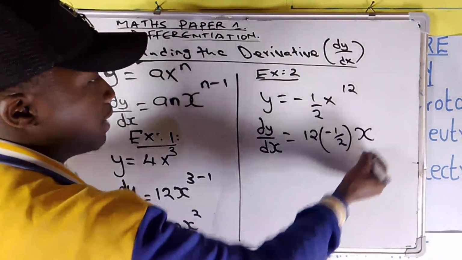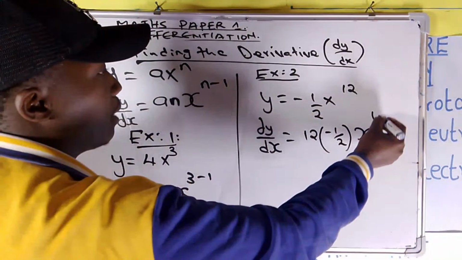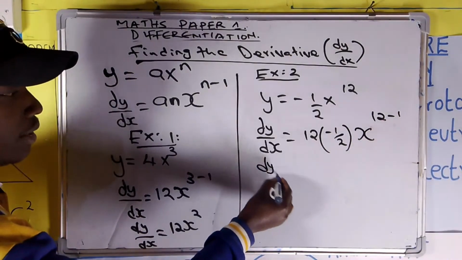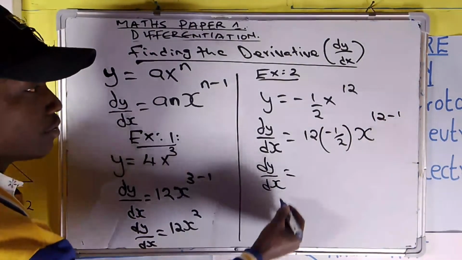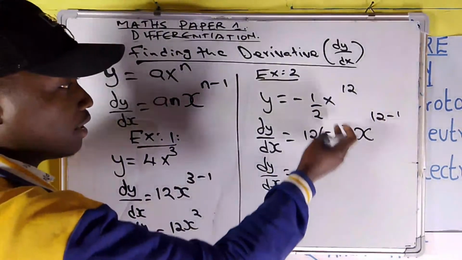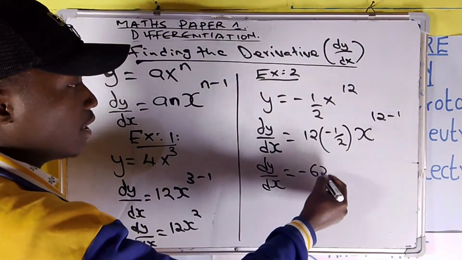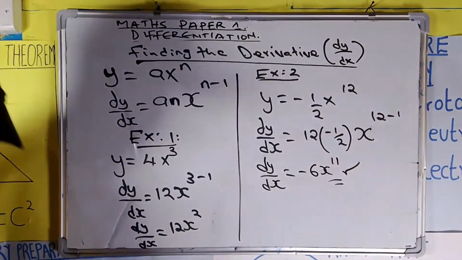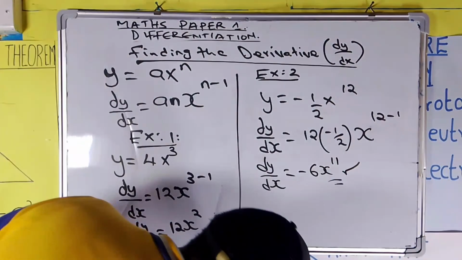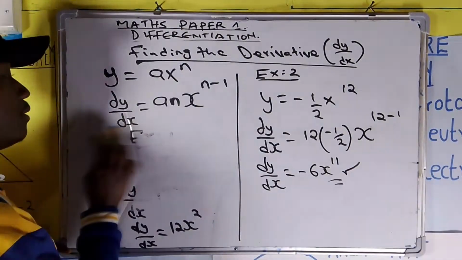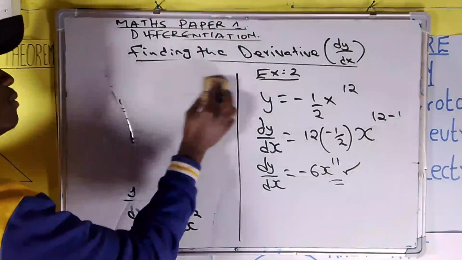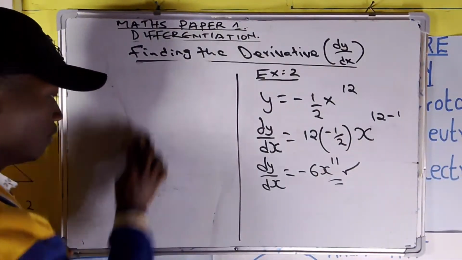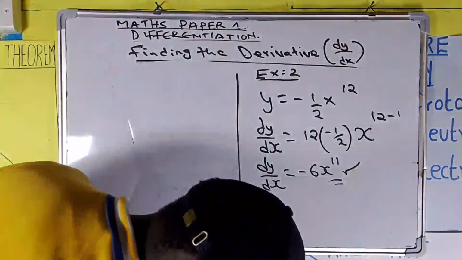Our x will remain there, then our power reduces by 1. We end up having dy over dx is equal to 12 times negative a half, which is negative 6x to the power 11.